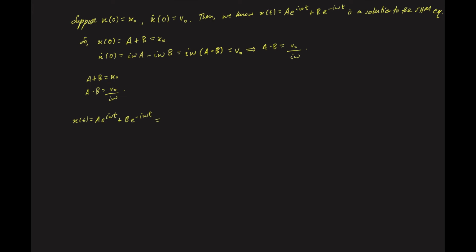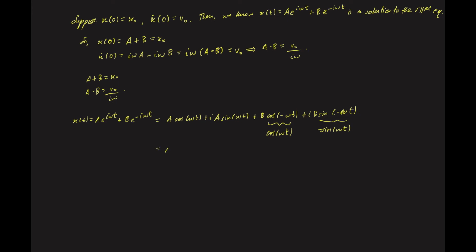Using Euler's formula, this gives us A cosine omega t plus i A sine omega t plus B cosine of negative omega t plus i B sine of negative omega t. Because cosine is an even function, this is just cosine of omega t, and sine is an odd function, so this is negative sine of omega t.